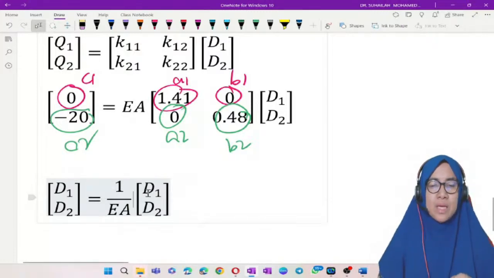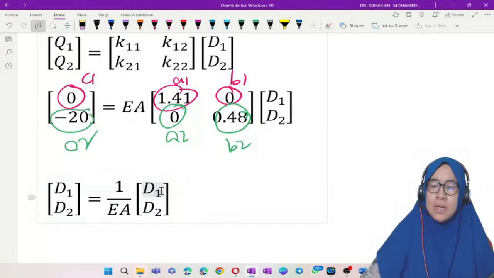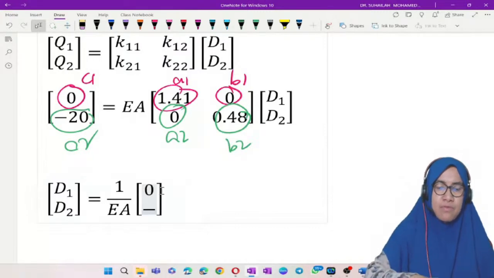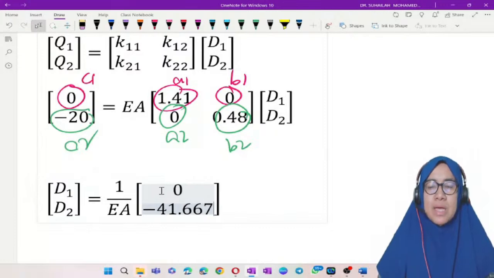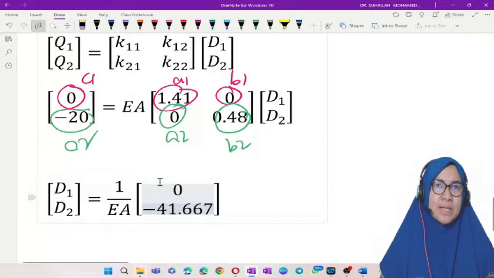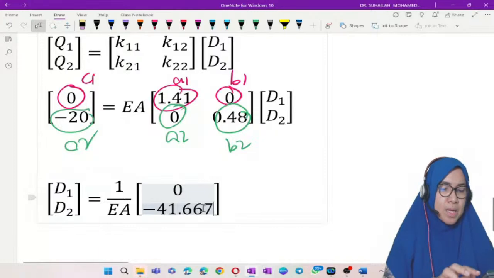After I substitute into the calculator, D1 is 0. D2 is negative 41.667. In the question, EA is actually given, so to find the final answer for D2, we just need to substitute EA into this.